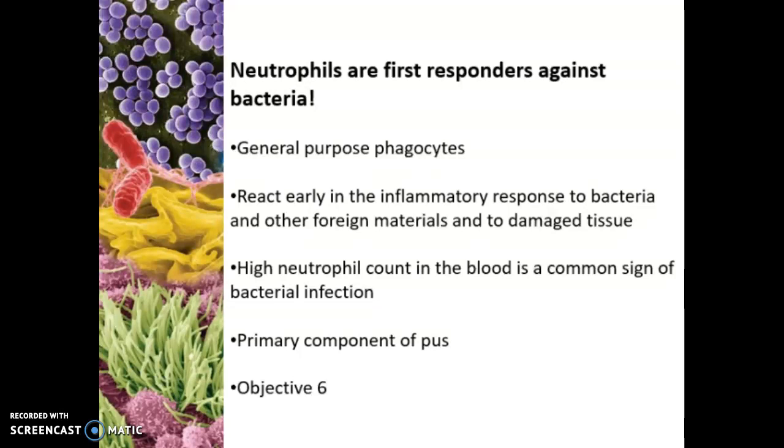If you have pus, you have neutrophils, and generally that's going to mean you have bacteria present. So neutrophils, their purpose in life is to phagocytize bacteria, kill them, and in the process they generally die themselves, and that is what pus is.